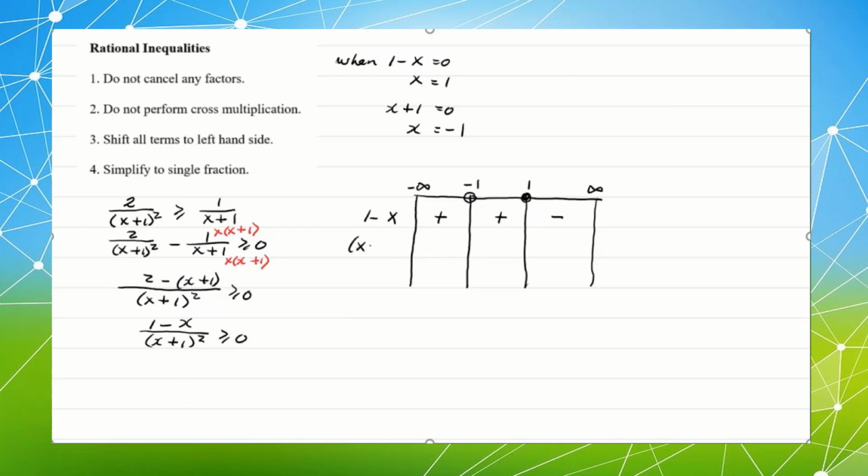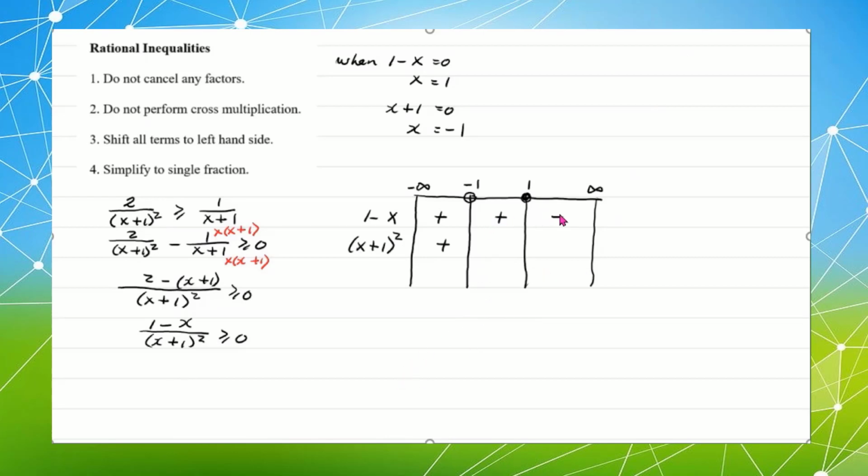Now we test the second factor, which is x plus 1 squared. For the interval where x is less than -1, let's say we choose x equals -2. When x equals -2, we substitute into x plus 1, and it is -1. But since there is a power of 2 here, it becomes +1, so it is a positive value.